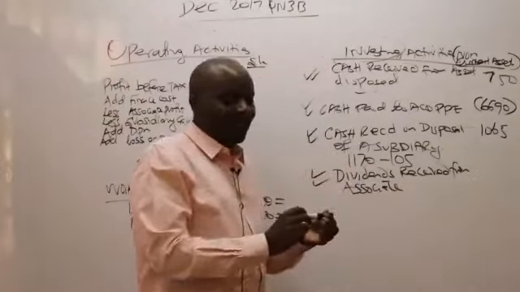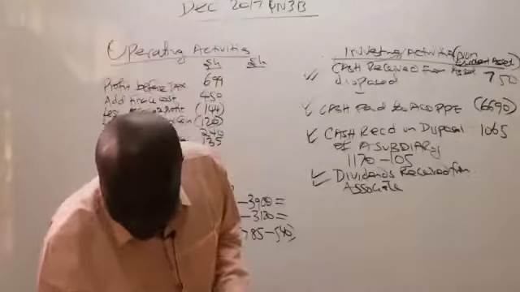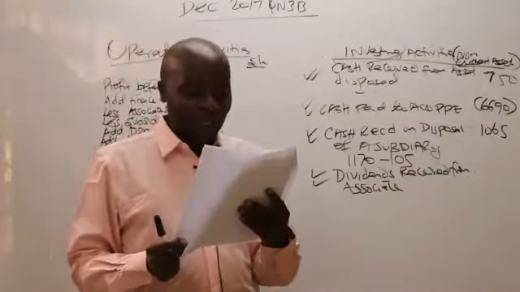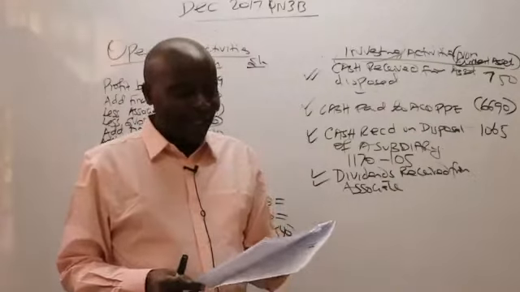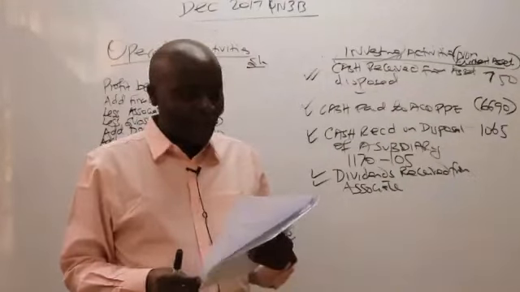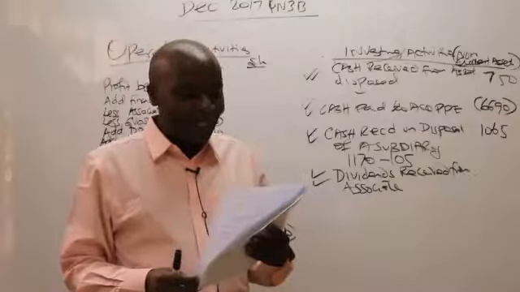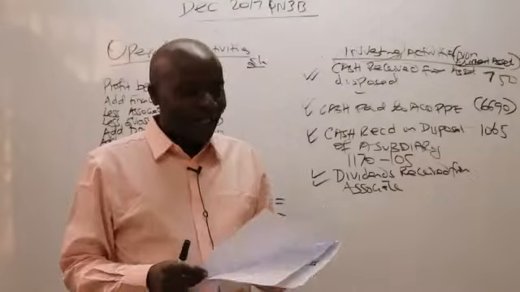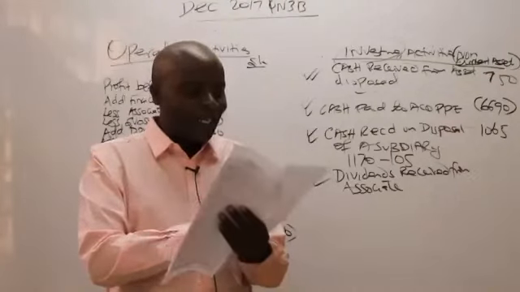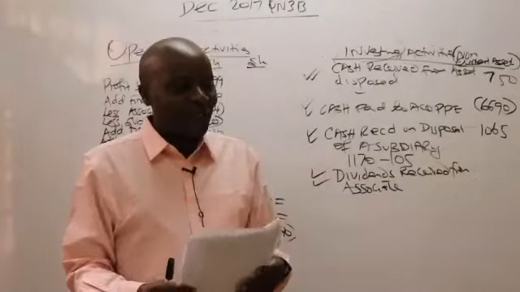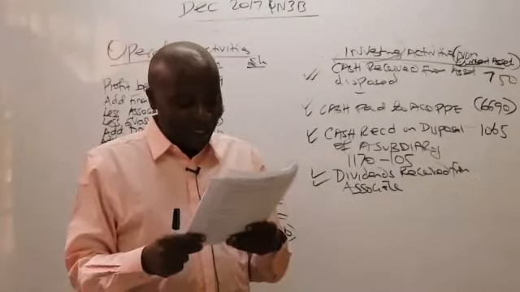Aya. Sasa nipatieni figure tuone dividends that we received from our associate. Has it been given in the question? Have these dividends here been given in the question? Kila mwanafunzi anasema 54, but they're not telling us ziko wapi. Dividends received from the associate.